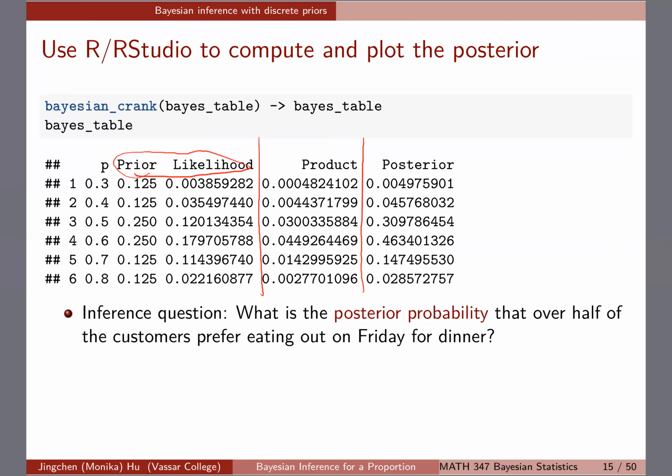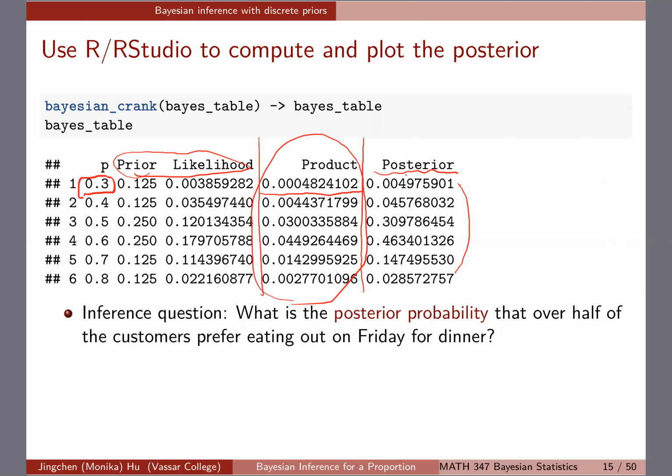So we create one more column for the product, and the posterior, by Bayes' rule, for P equals 0.3 will be the product for that P divided by the sum of all of the products. That's what this function we wrote, Bayesian crank, is doing for you, but you should know the logic because it's really just following the Bayes rule step by step.